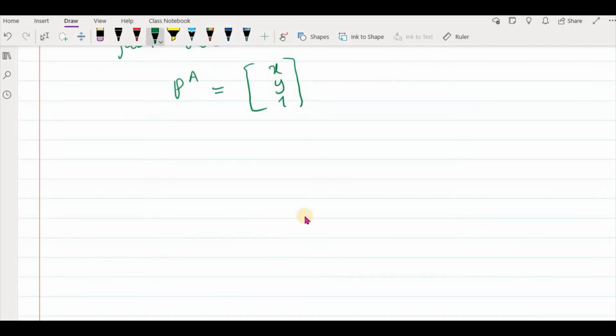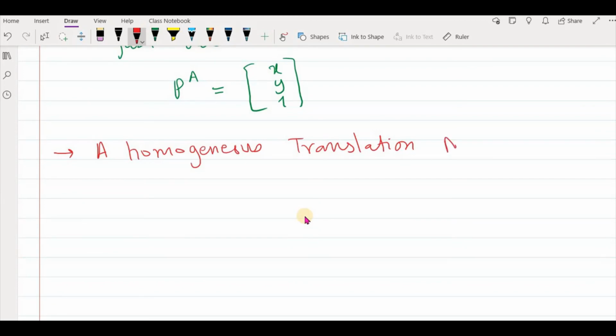So yeah, let's see how a homogeneous translation matrix looks like. It looks like something like this.